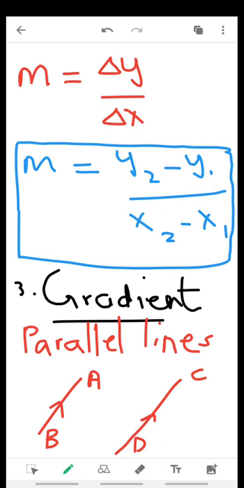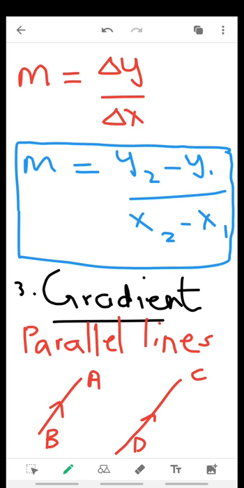Now let's go to the other point which is very important regarding gradients, and is examinable. When we have parallel lines, remember these lines will never touch anywhere, anytime. They will always move at the same pace, at the same steepness everywhere. Since these two lines have the same steepness, the same slope, it means these lines which are parallel to each other will have the same gradient.